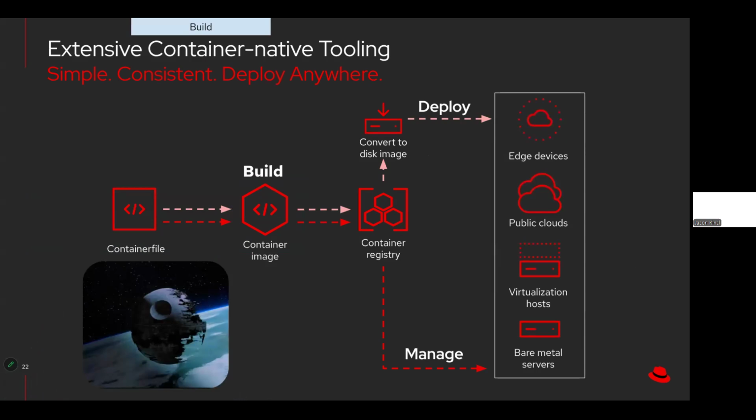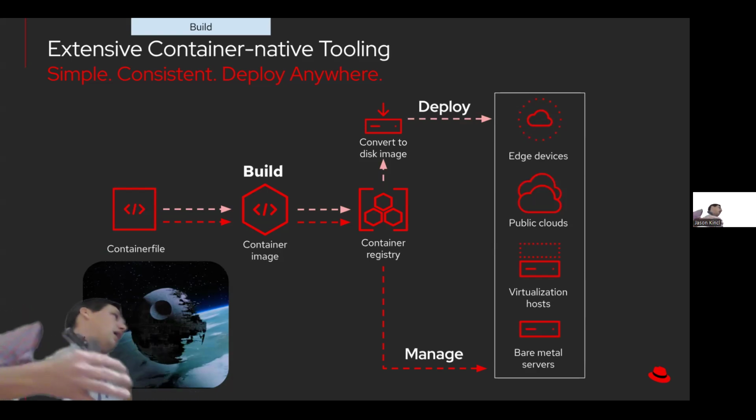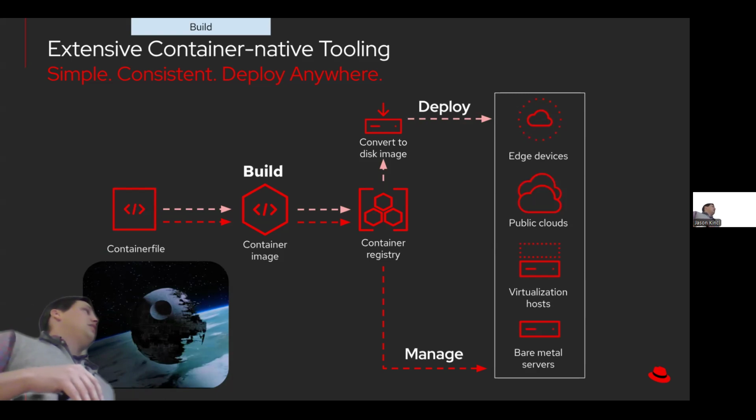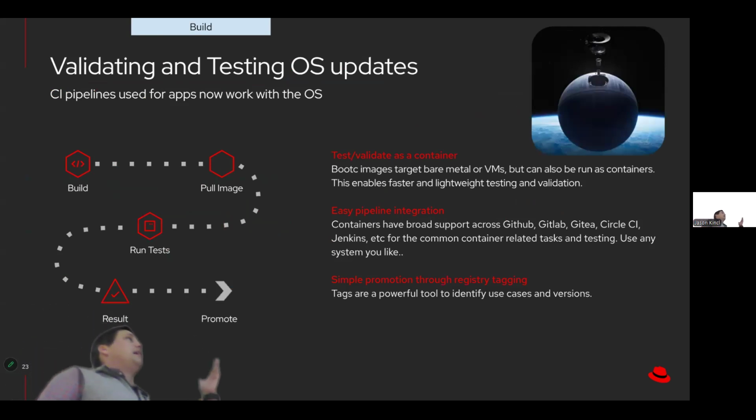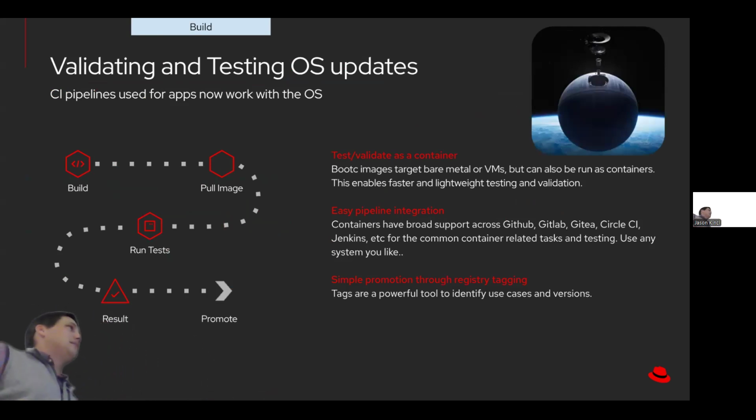Getting back to that container native tooling, we have this container infrastructure already in our environment. So when you're building a Death Star, you want to be able to leverage all of the existing planetary resources in order to do that build. Or if you're building other types of Death Stars, maybe you built one and something happened to it, and so you built another one.